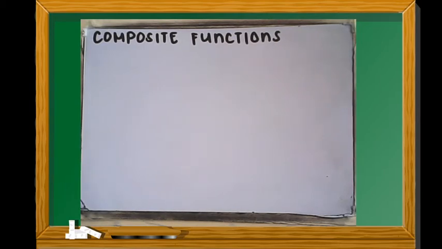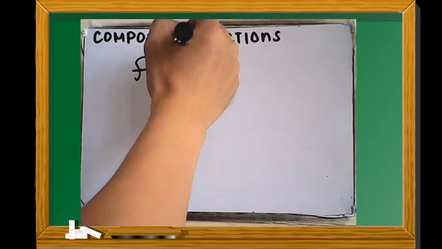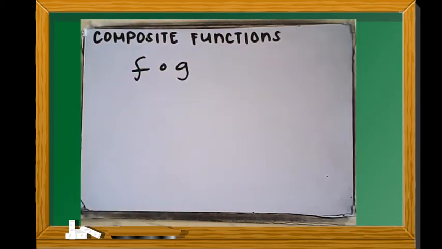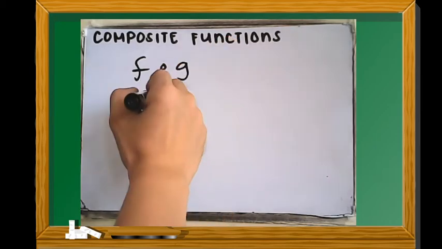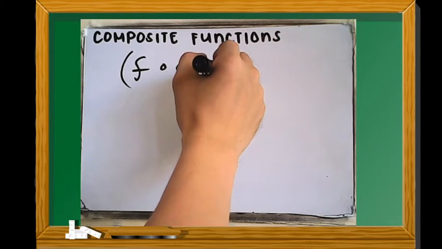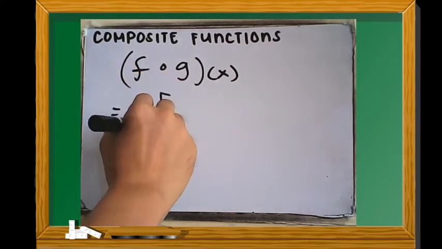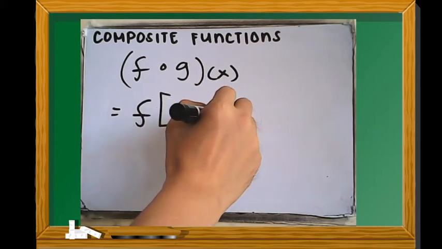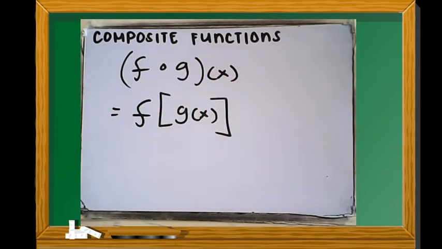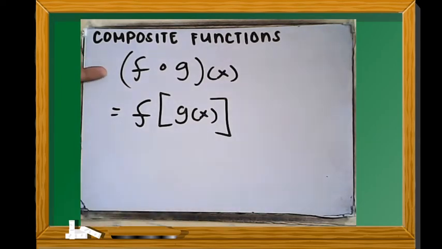Given two functions f and g, the composite function denoted by f composed with g is defined by quantity f composed with g of x, or in other form, that is f of g of x. So I suggest you use this format instead of this.